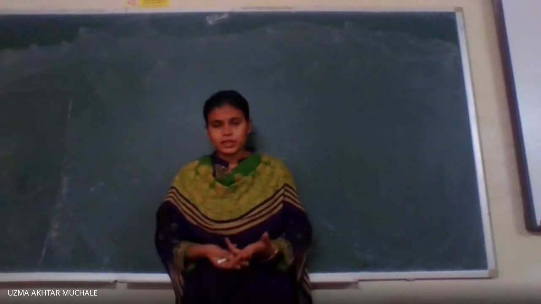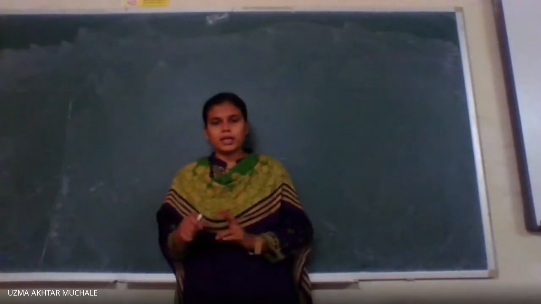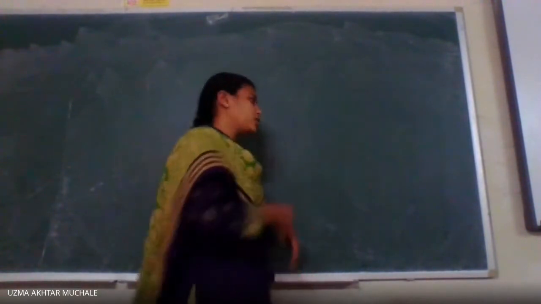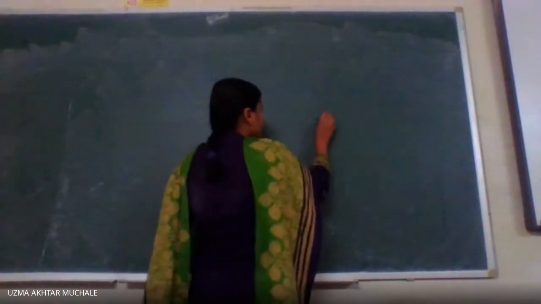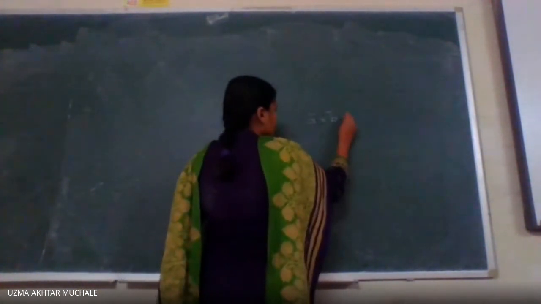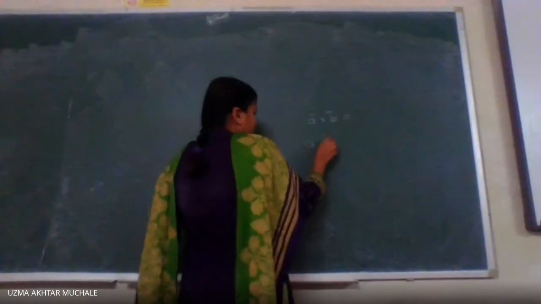Or rather, what is a dot product of any two vectors A and B? A dot B is equal to A bar dot B bar.